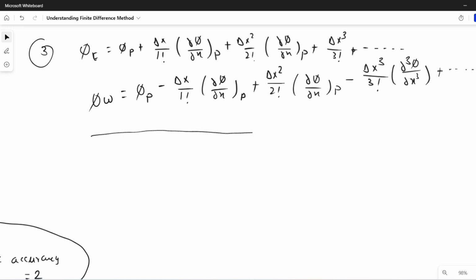Now, when we subtract equation 2, minus will be converted to plus, plus will be converted to minus, and this minus will be converted to plus. So these two will cancel out.